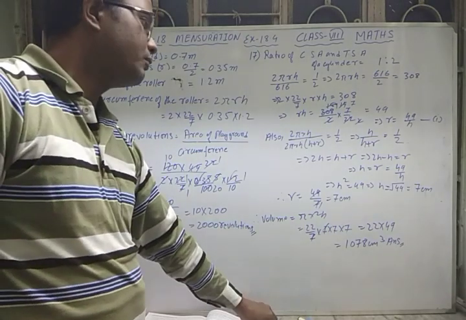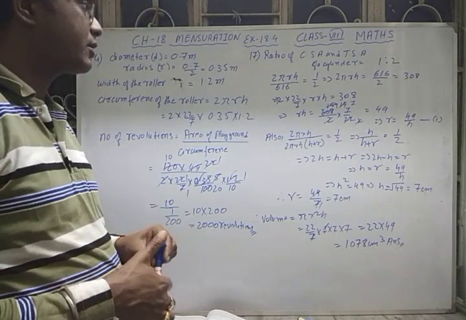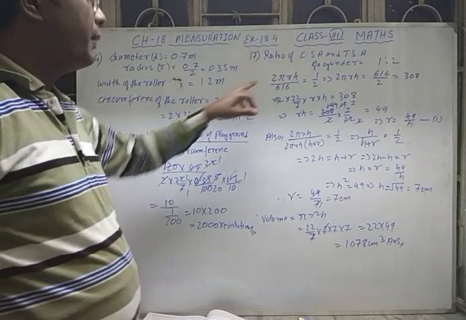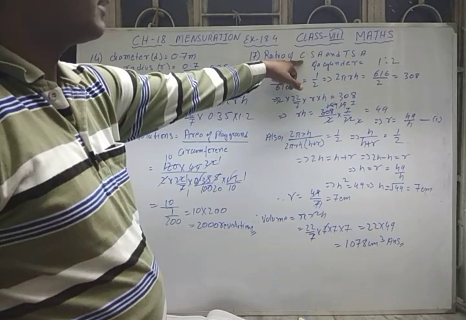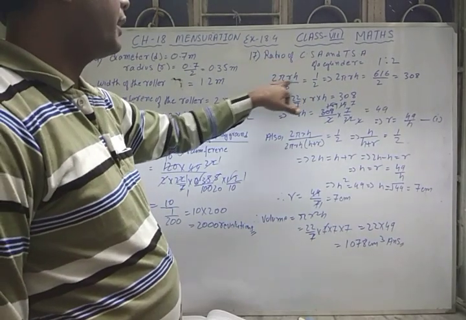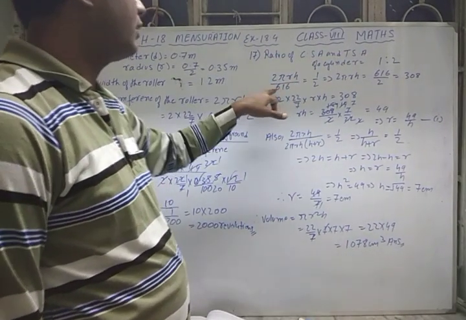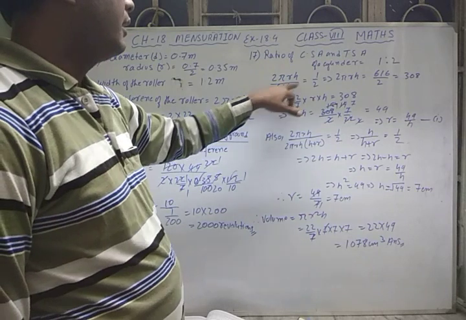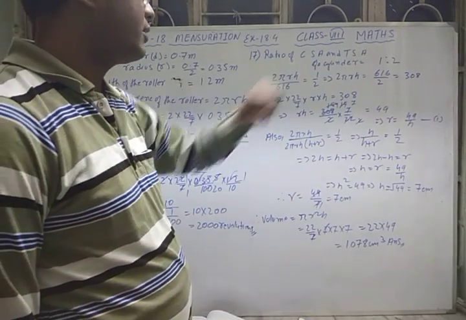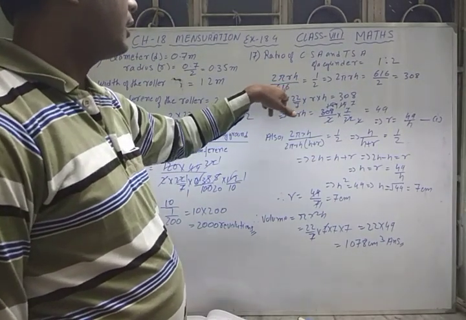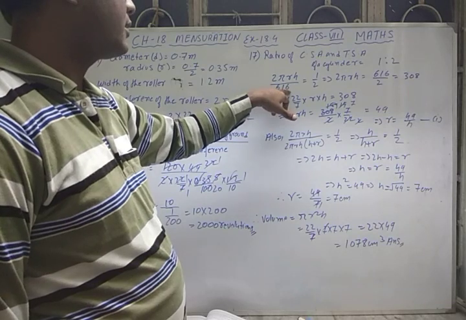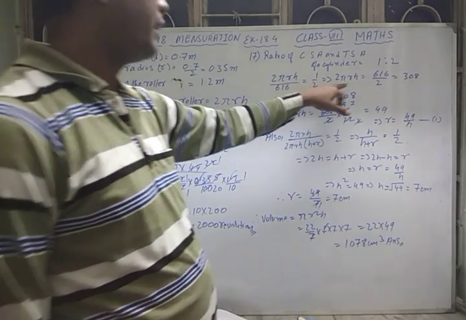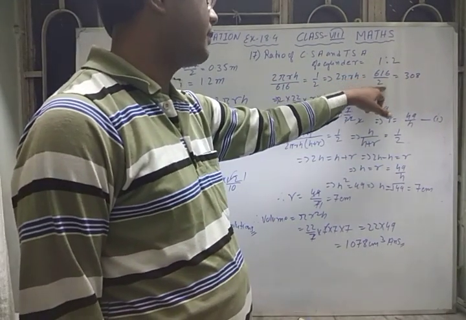So what we have to do for these questions, very interesting questions. You can see here, curved surface area is 2 pi RH, and total surface area is given already as 616, that is equal to 1/2, that is the ratio is given. Now I have shifted 616 to the right hand side, so it will become 2 pi RH equals 616/2.